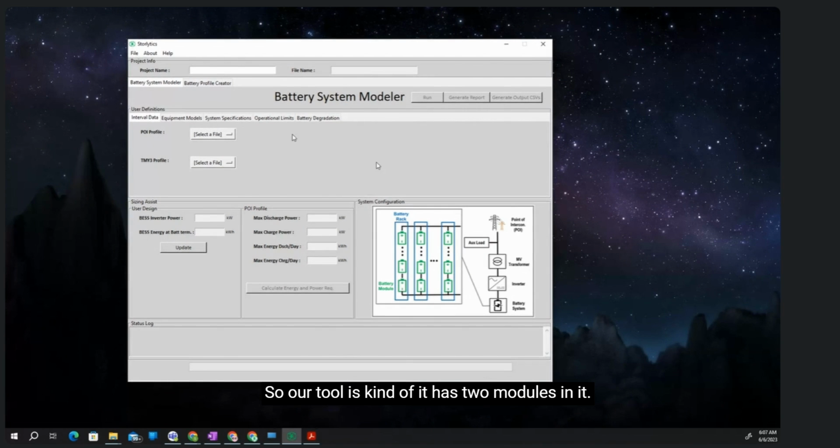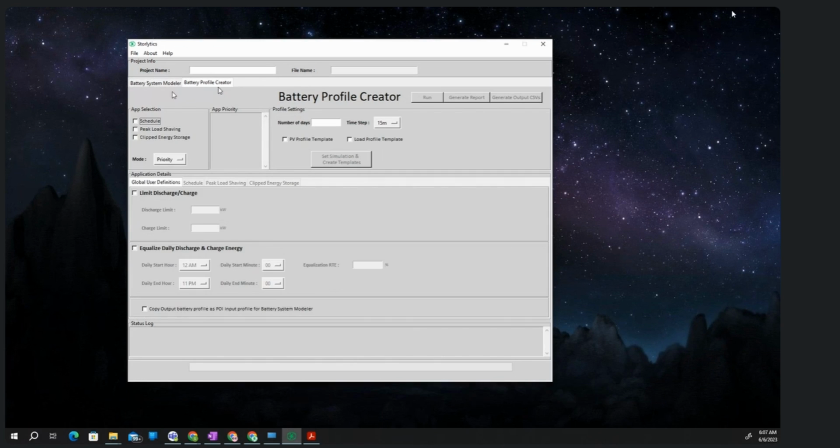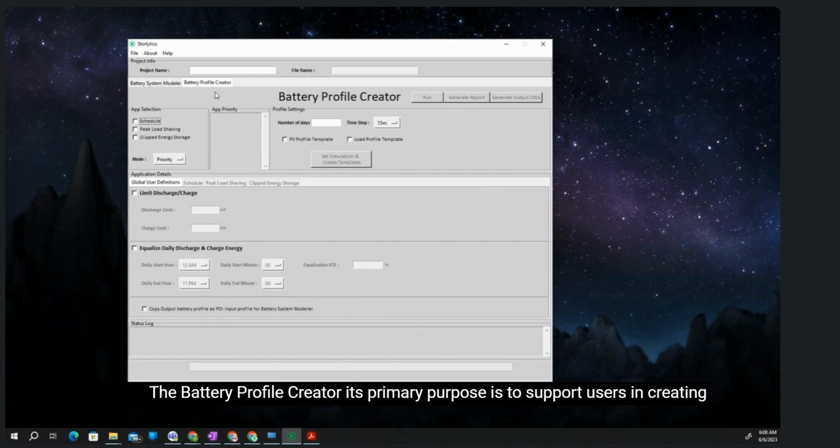All right. So our tool has two modules in it. This is what the interface looks like. The first module is called the battery profile creator. The second is called the battery system modeler. The battery profile creator's primary purpose is to support users in creating a POI profile, which is basically how the batteries are going to be utilized.